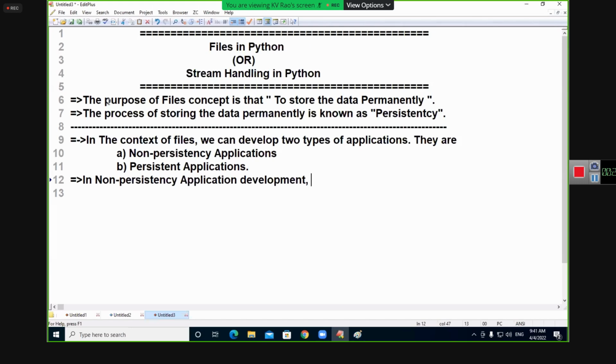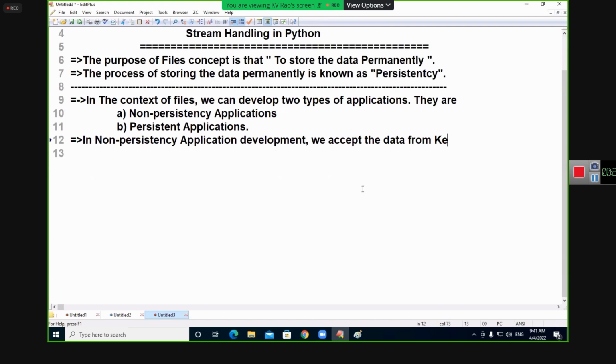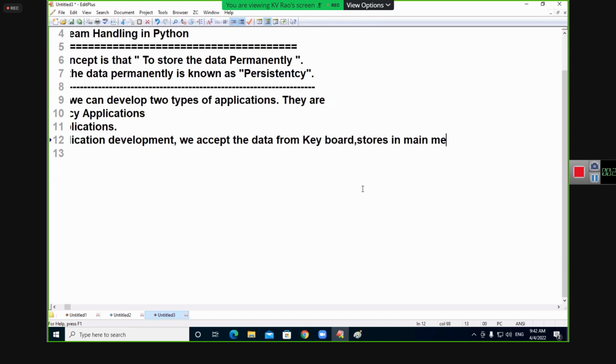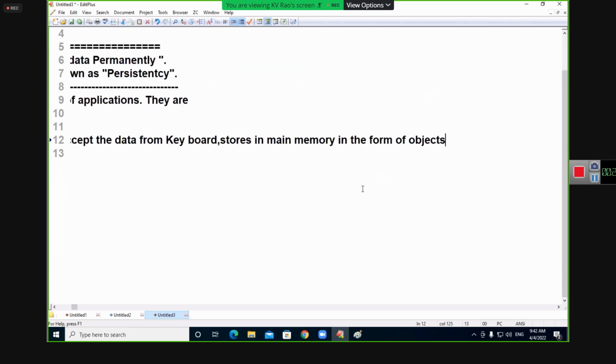We accept the data from where? From the keyboard. Stores in where? Stores in main memory, in the form of objects.